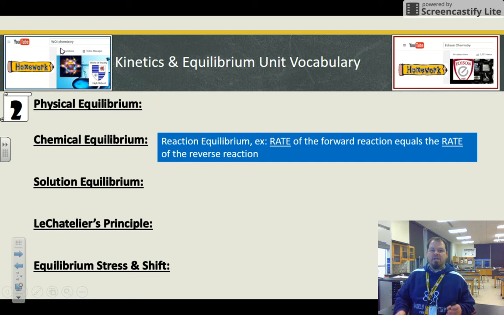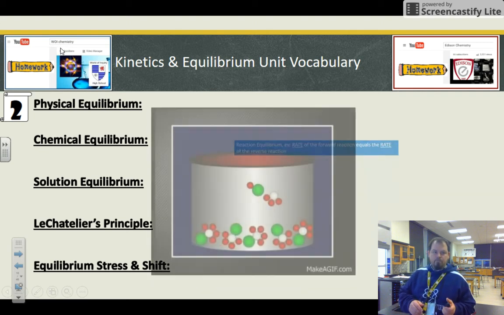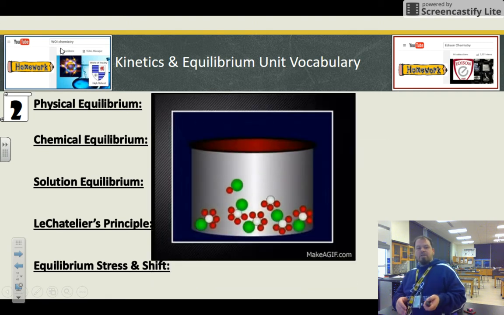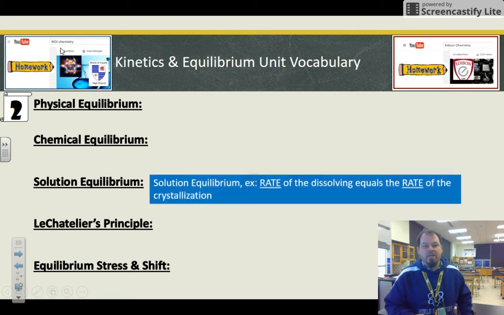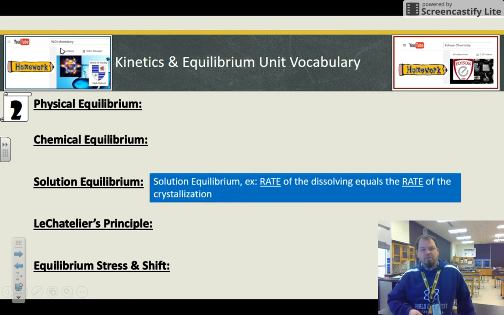It doesn't look like a reaction's happening because every step forward, there's a step back. And it's happening, but it doesn't look like it's happening. Solution equilibrium. So now I have something going into phase. So a solution equilibrium is the rate of dissolving equals the rate of crystallization. For every solid piece that goes into solution, some piece that's already in solution comes back into the solid phase. And within the solution, I create this equilibrium.